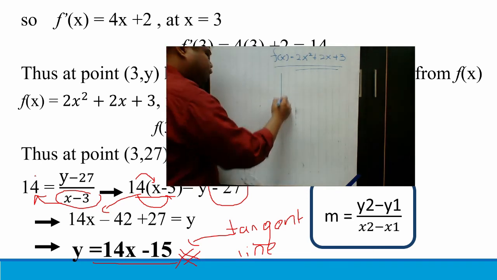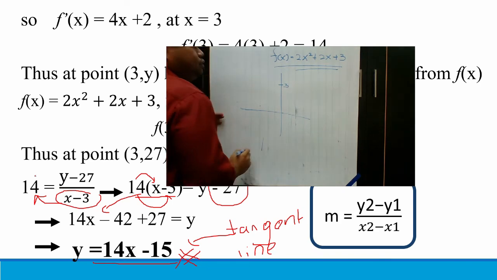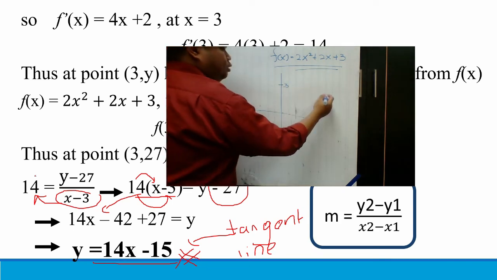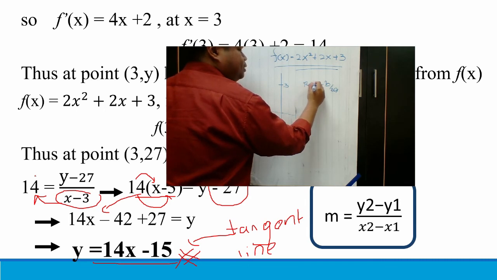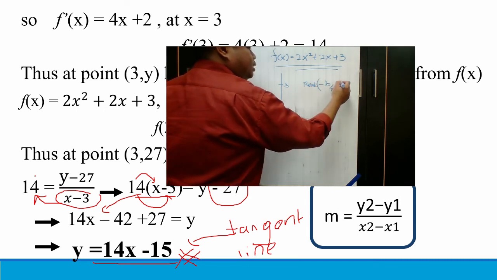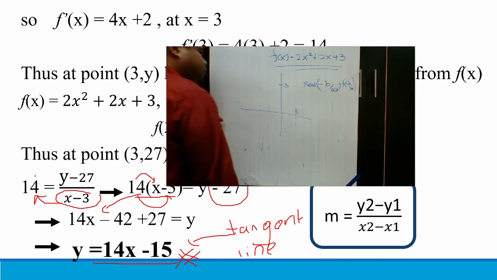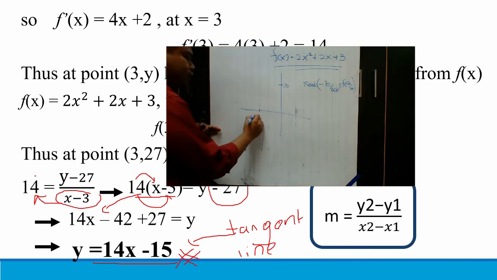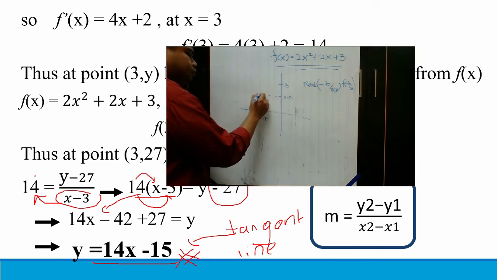For this graph, you know that 3 is the peak. You start from negative b over 2a for the peak, and what I get is negative 0.5 and 2.5. So this is the peak, and the graph looks like this.